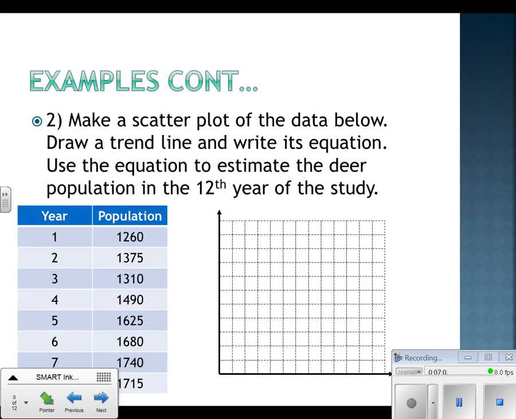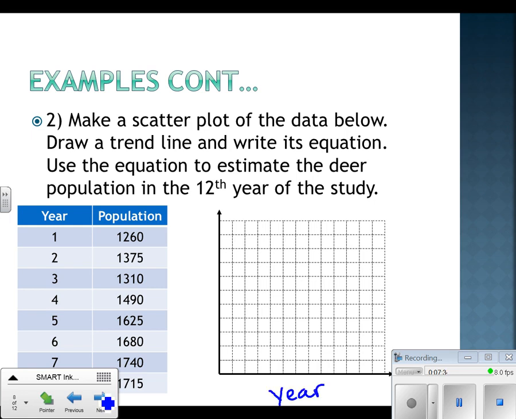So we'll do an example of that here with this data, which is showing us the population of deer over a 12-year study. Specifically, it looks like we're looking at 8 years of data for the population of deer. So we have years and we have population. On the bottom of the graph, we're going to write years.